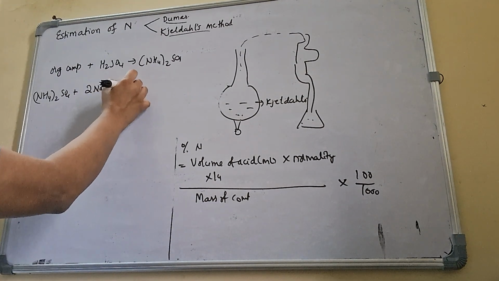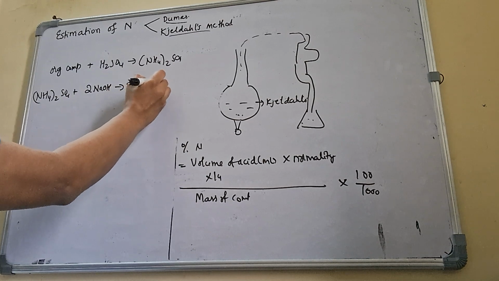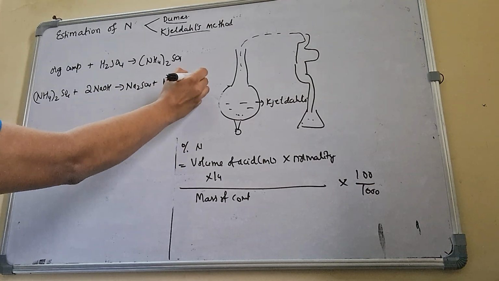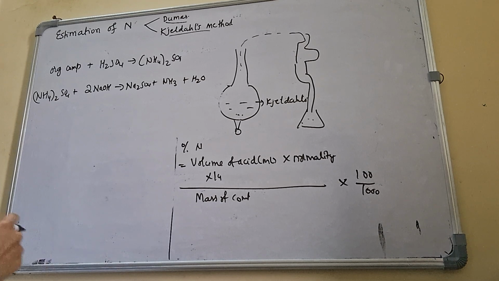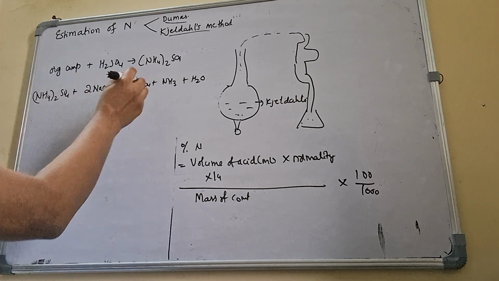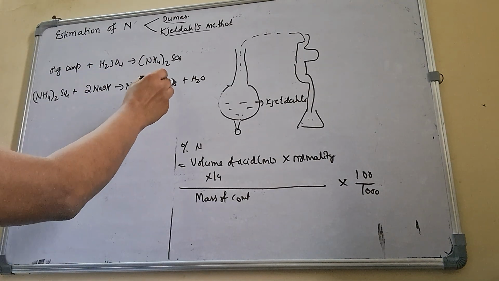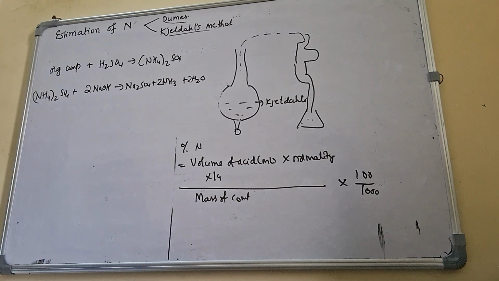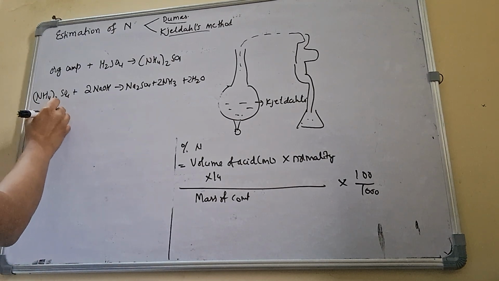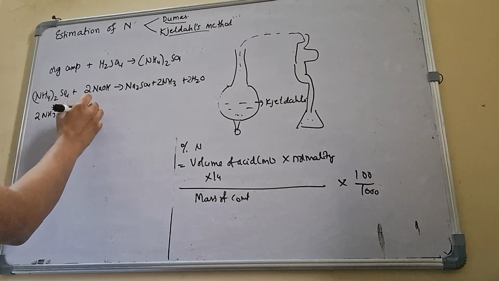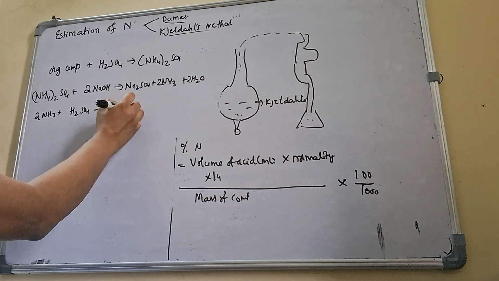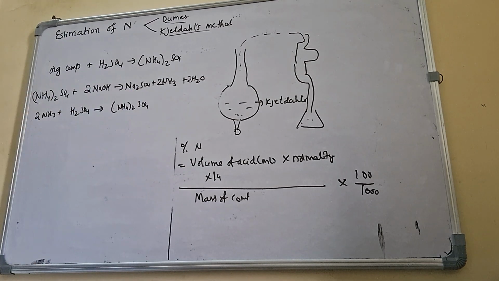You will get sodium sulfate plus ammonia plus water. Now let us balance it. Sodium is fine, ammonia will be 2 here, and hydrogen is 2 plus 4, 8, so it should be 6 here, so 2 here. Next, this ammonia gas is made to pass through excess acid to give you ammonium sulfate. So these are the 3 reactions involved in this method.